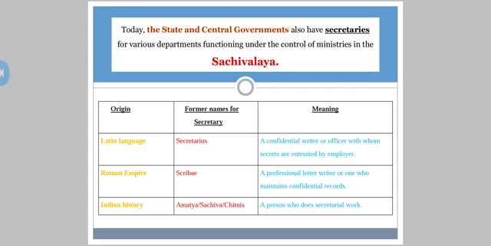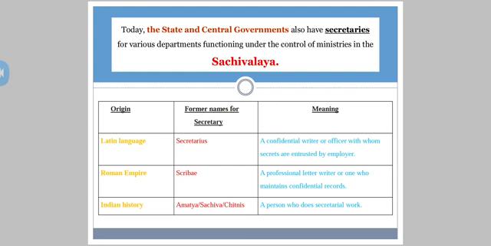Secrets are entrusted by the employer means the secrets are handed over to the person by the employer. If I am an employer and I have appointed someone, that means I have handed over certain private or personal information to the other person, the secrets of the business.